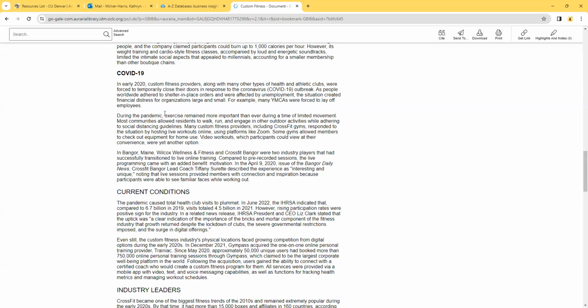However, we know that exercise was still a thing. Like literally, this is straight off of it. It is telling you what you want to say. You start looking at your competitive analysis. CrossFit gyms started hosting live workouts. Gyms allowed members to check out. We also know that this was a really, really banging time for Peloton.